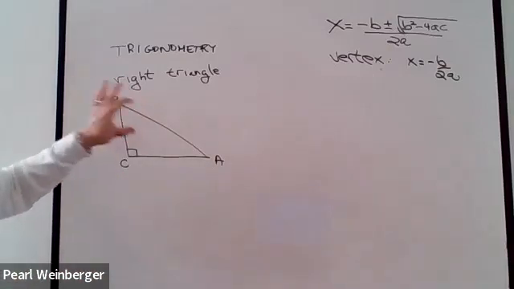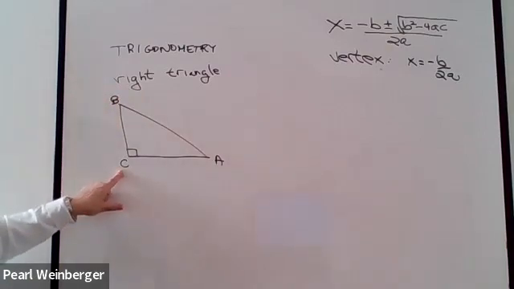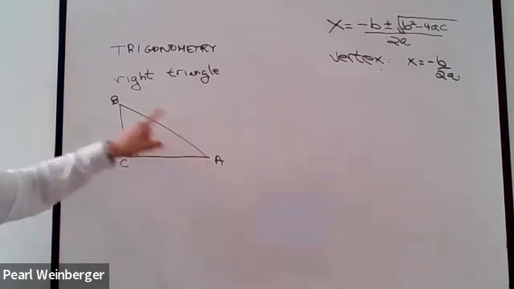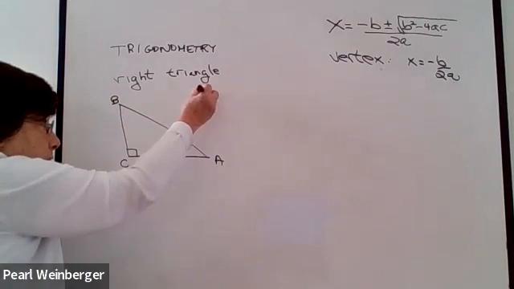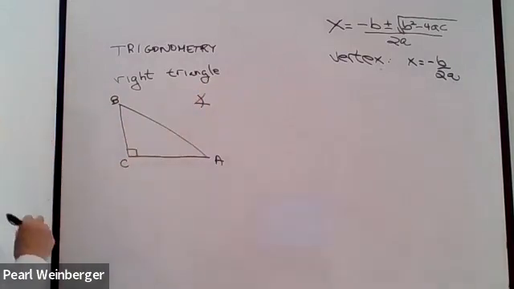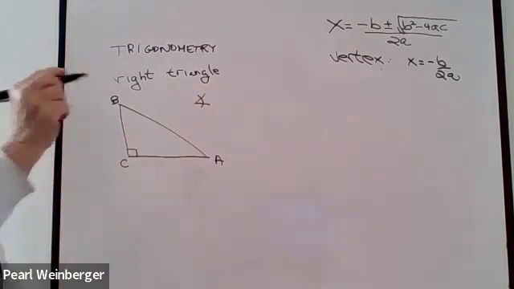Usually, if we're using A, B, and C, we put the C at the right angle. This is a symbol for an angle. It looks like a little angle.